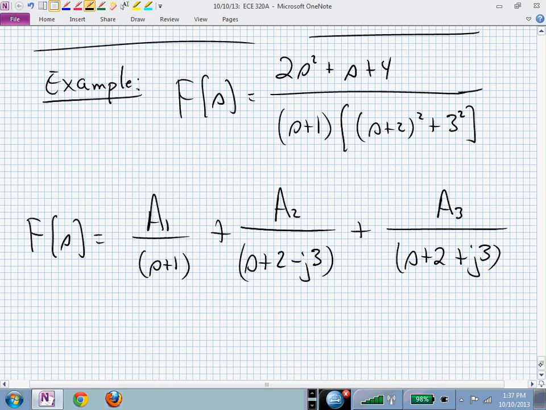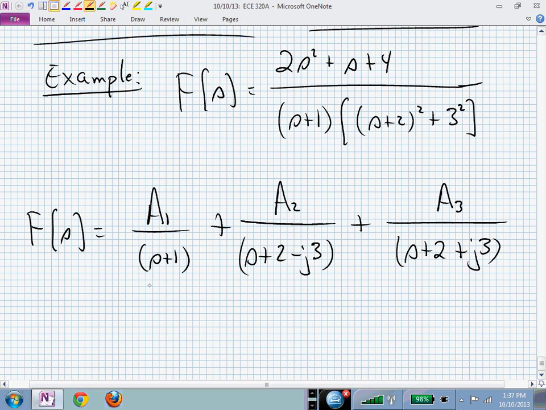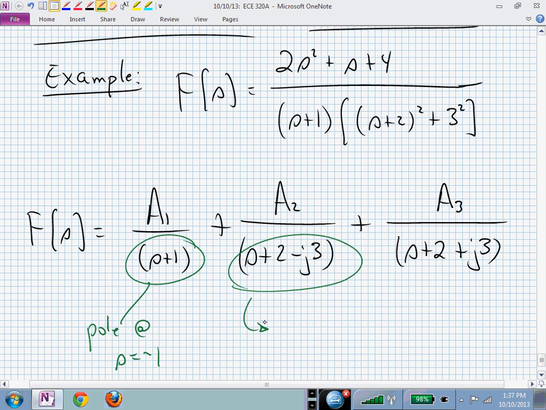Where are these poles? The pole is where that factor vanishes. That's at minus 1, isn't it? What about this one? If I replaced s with minus 2 plus j3, does that vanish? That's now in the second quadrant, isn't it?